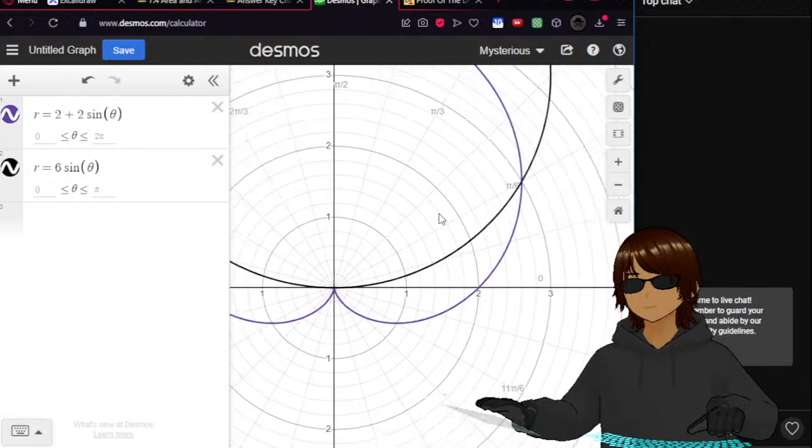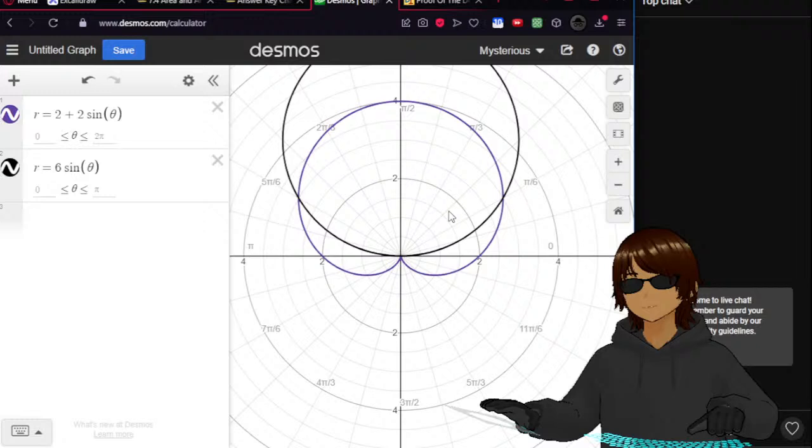They intersect at pi over 6, right? Hold on. Wait a minute.